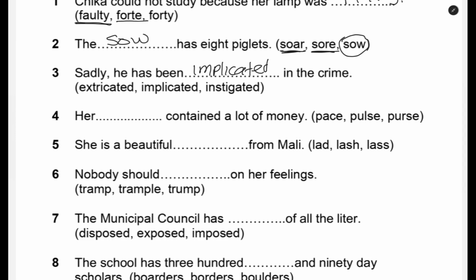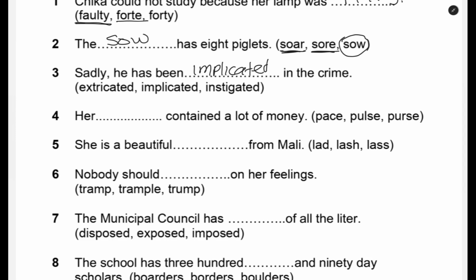When a crime has happened, the police are going to do an investigation. And whoever will be found connected to that crime is also going to be part of the crime. So being part of the crime simply means implicated. So the correct answer is implicated.